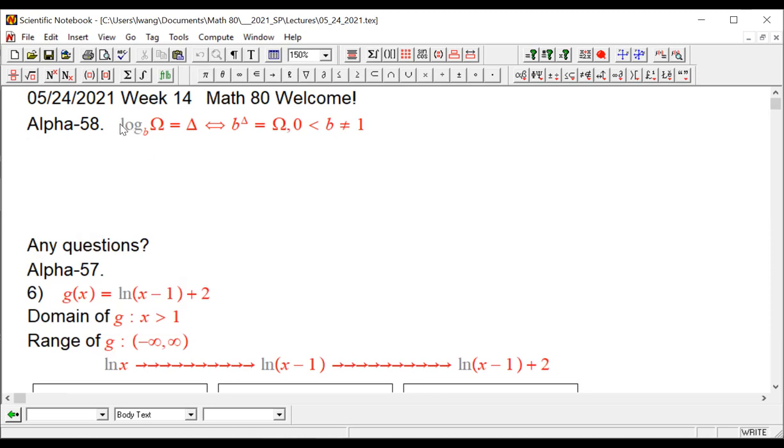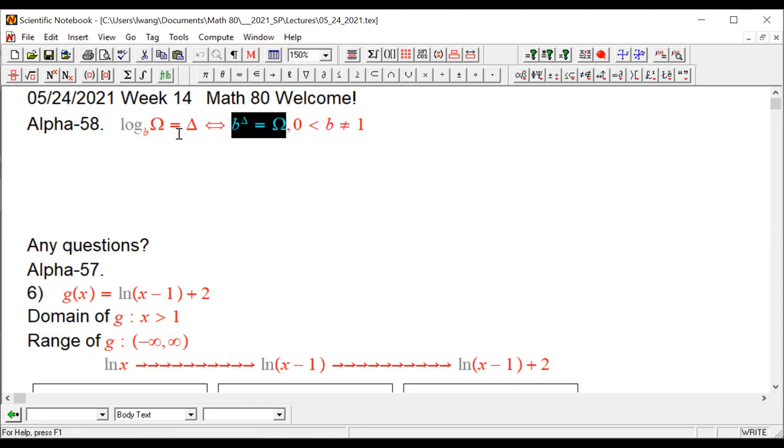From the definition, we can see that b raised to the power of triangle, but the triangle is this guy: triangle is the same as the log base b of omega.